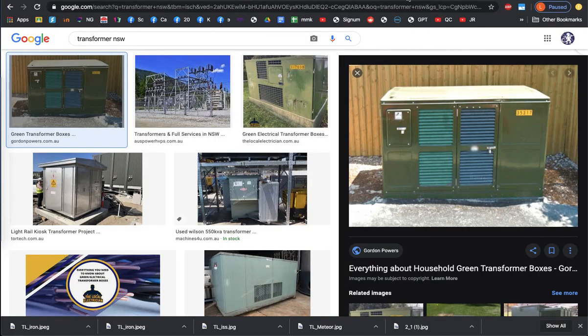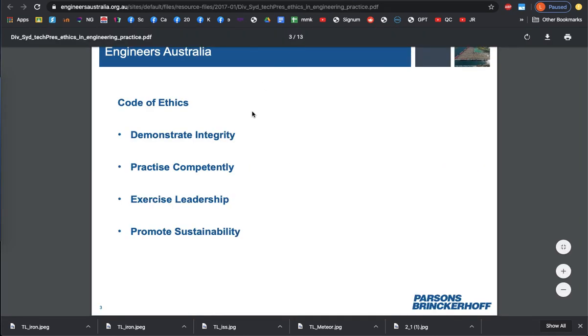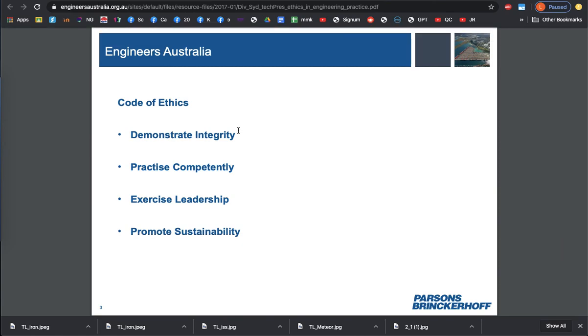Okay, I said that I would talk about ethics, so I'll remember that. I won't go into the details of it, but there are 4 principles that Engineers Australia requires. That engineers demonstrate integrity, basically that they don't take bribes, that they practice competency, which means that they only work in the area that they are trained in, that they know how to, that they're confident in. They don't work outside their area of competency.